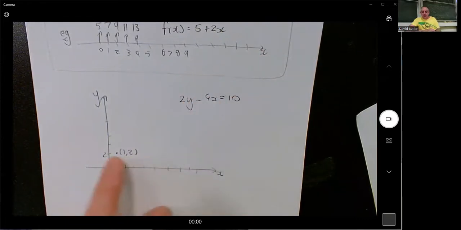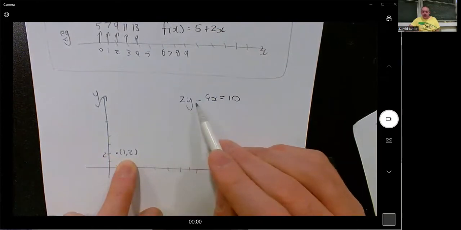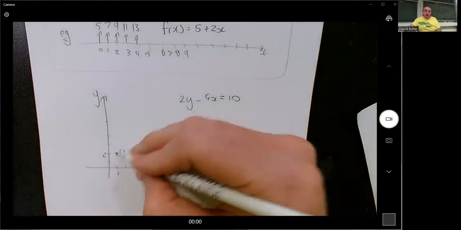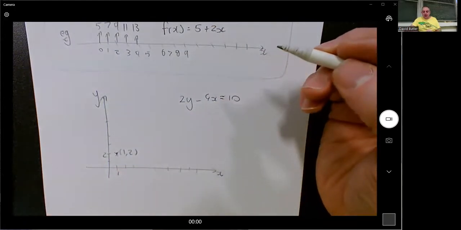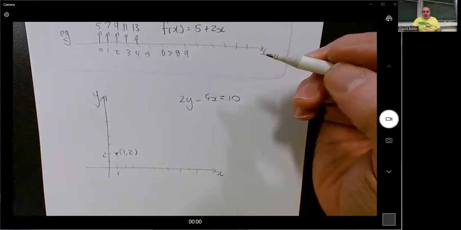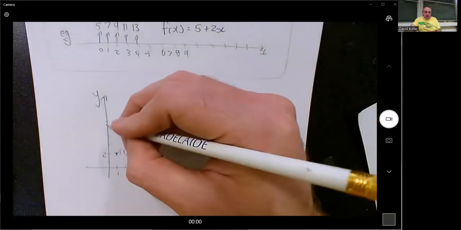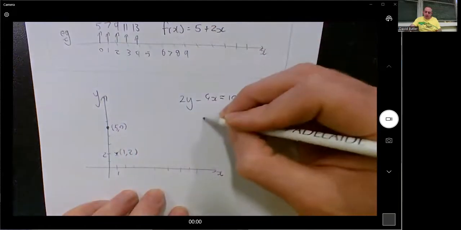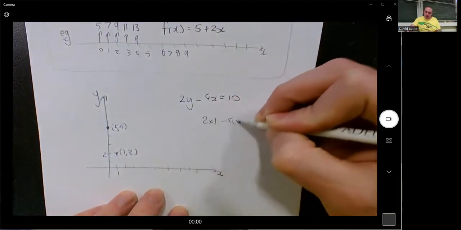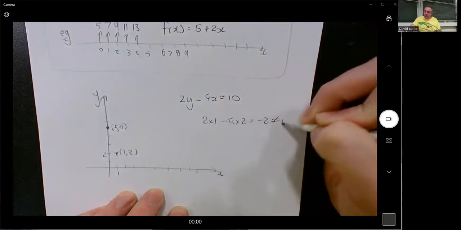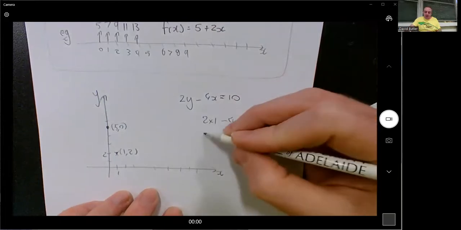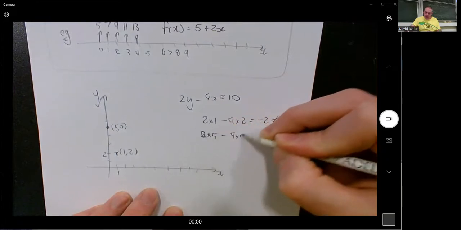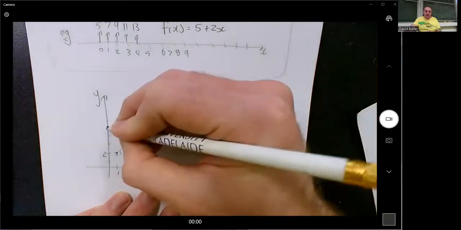And so I could say, well, 2 times 1 minus 4 times 2 is minus 2, which is not 10, and so that point's out. But 2 times 5 minus 4 times 0 is indeed 10, and so that point's in.